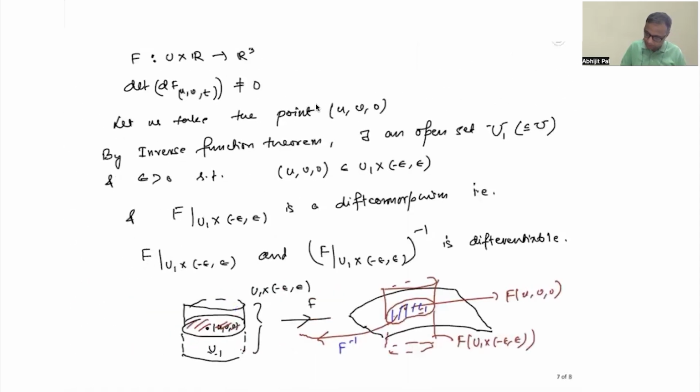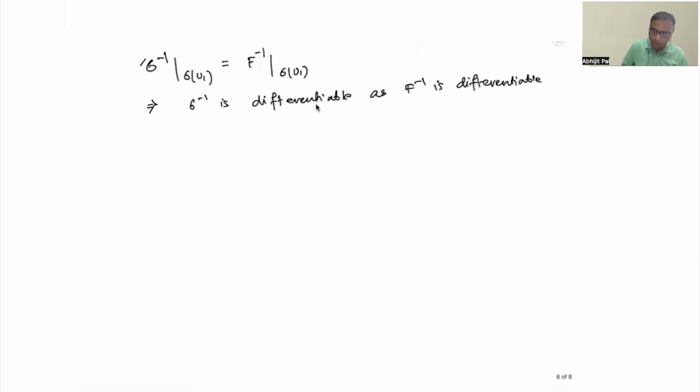Actually, instead of differentiable I should write here that sigma inverse is continuous, as F inverse is continuous.